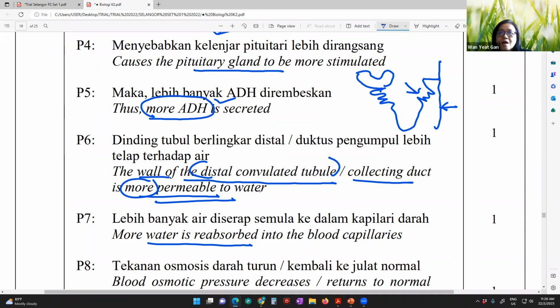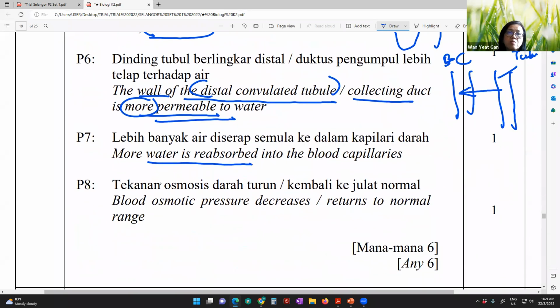So here, the blood capillary goes around the nephron. So let's say this is the tubule here. This is the blood capillary. So reabsorption occurs in this direction from the tubule into the blood capillary. Right? More water is reabsorbed so that his blood osmotic pressure will decrease.